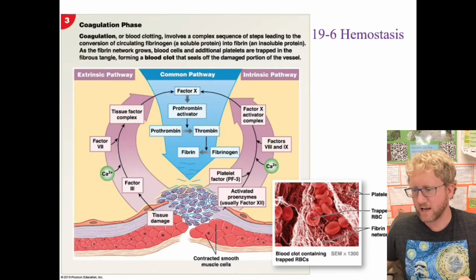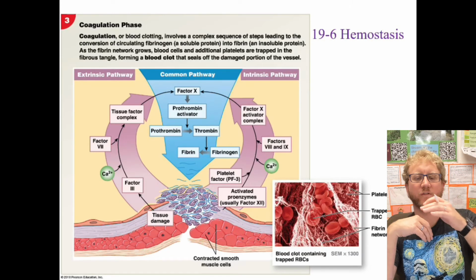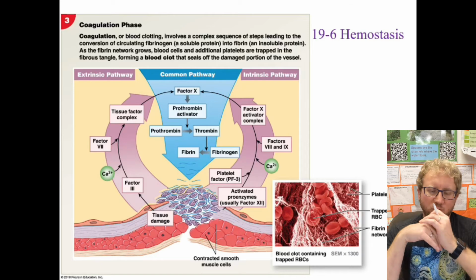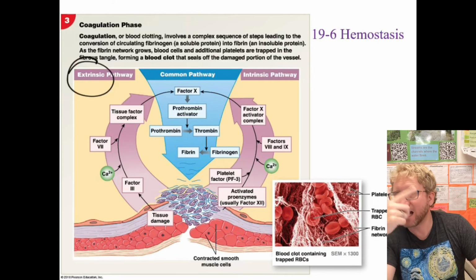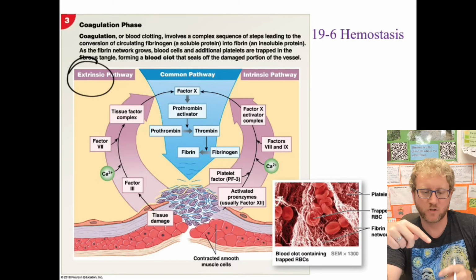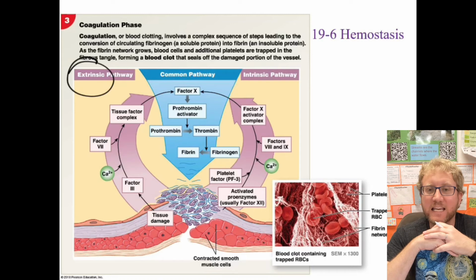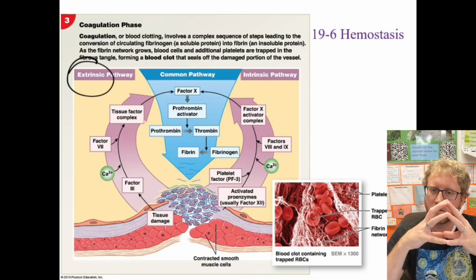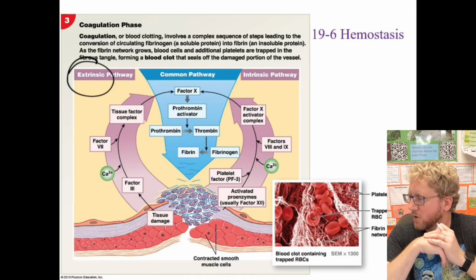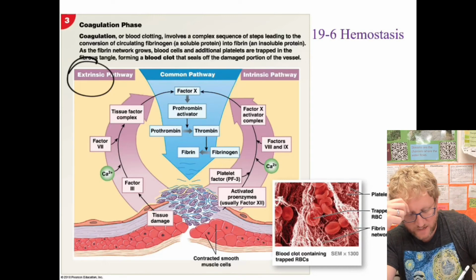And so basically what we end up with is a chain reaction of different pathways. We've got the extrinsic pathway, which is happening outside of the circulatory system, so like within the tissue itself, for example. And then the intrinsic pathway, which is taking place within the blood vessels. These different pathways release clotting factors.